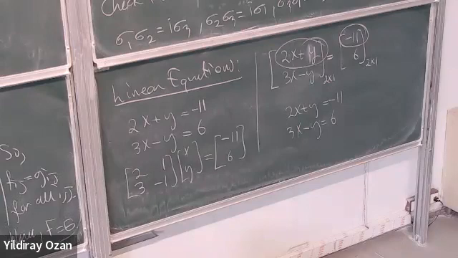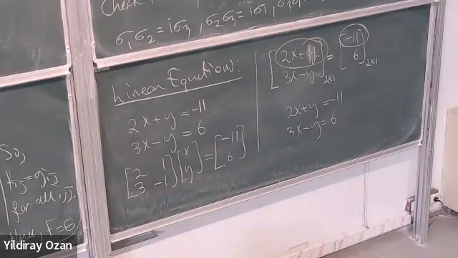Suppose it is this one: x plus y minus z equals 0, y minus x plus 2z equals 0, and 3y equals 2. If it is given like this, one has to be careful so that you have the indeterminates in the right order.